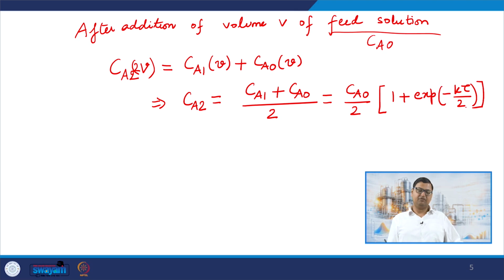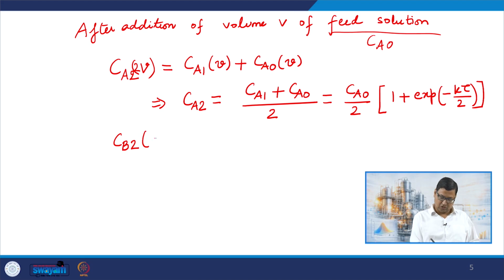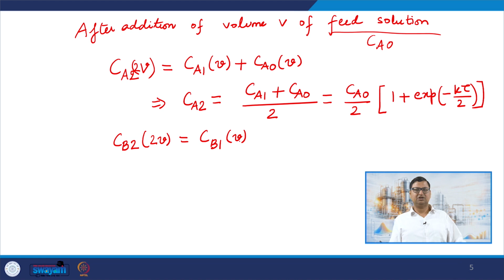Now, do the same thing for B. Let us say the concentration of B after the addition of feed solution is Cb2, and the total volume now is 2V, that is equal to the concentration of B before addition, that is Cb1 into V, and now the feed solution does not contain any B. So, we will have 0 number of moles in the feed solution.